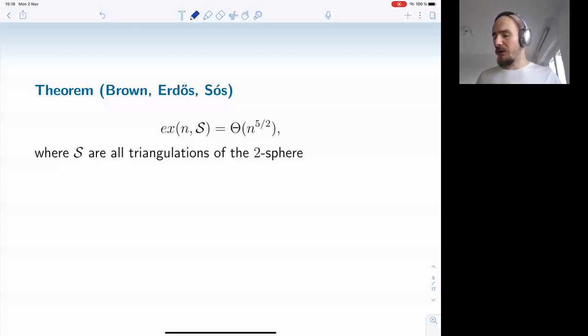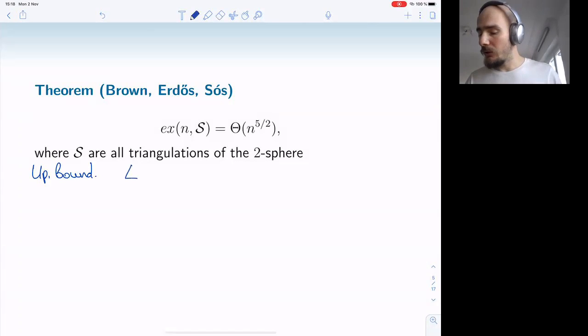The more interesting part for us would be the upper bound. So let me start with the upper bound. One notion that we'll need is the link graph, L of V, for V from our hypergraph. We fix, of course, a hypergraph, say H, on n vertices, and we're searching for this sphere.